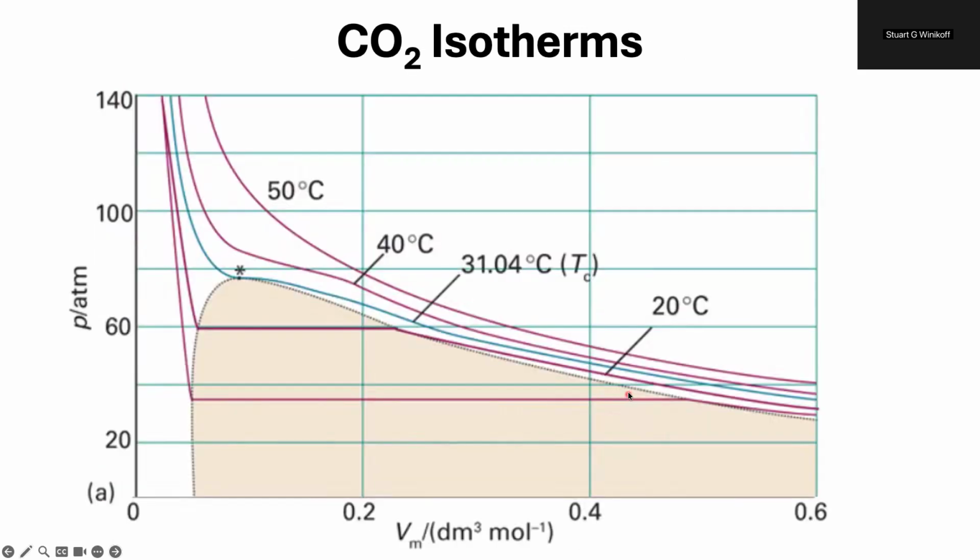We're going to do this by looking at CO2. CO2 is a fairly nice gas that's relatively well behaved. And at temperatures that are relatively high, so 50 degrees or higher, we'd expect the gas to obey the ideal gas law, where I'm seeing this nice inverse relationship between the pressure of the gas and its molar volume.